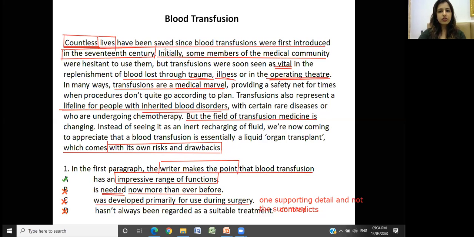So the correct answer choice will always be inferential, because it will summarize the main idea presented within the paragraph.